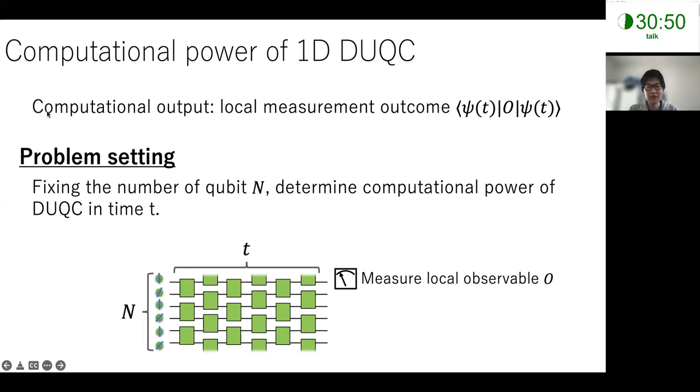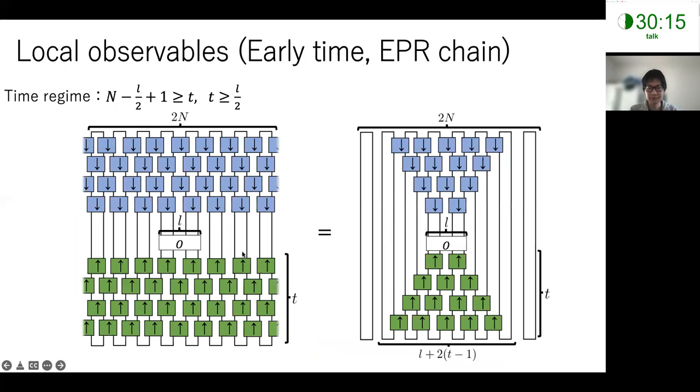Now we assume that computational output is defined by local measurement outcome, which is equal to expectation value of local observables. And the problem setting is we fix the number of qubits n and determine computational power of dual unitary quantum circuits in time t. So we fix the number of qubits and we see computational power of this quantum circuit depending on the time or circuit depth t.